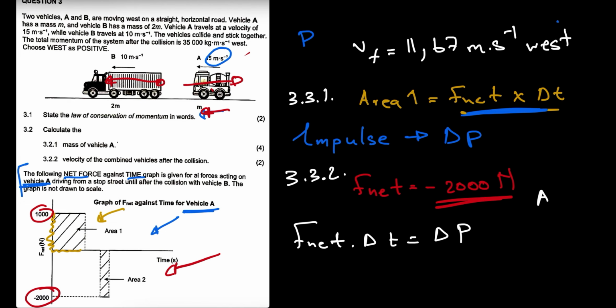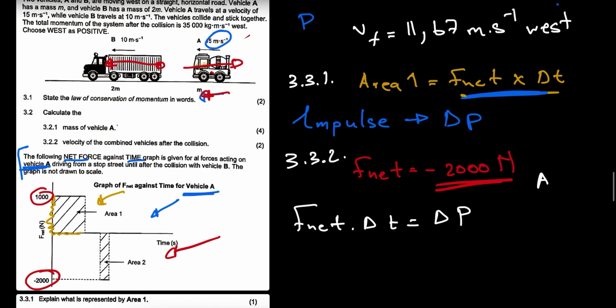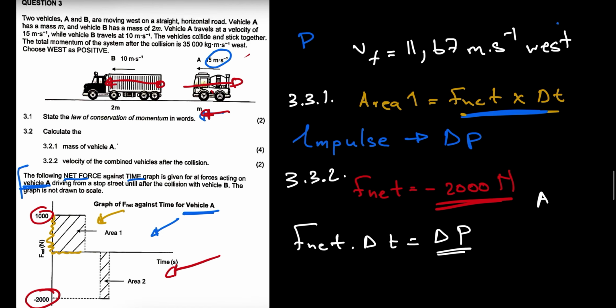That was the velocity of both objects after the collision, since they move together. So now we can calculate the change in momentum of object A, since we have the initial and the final.